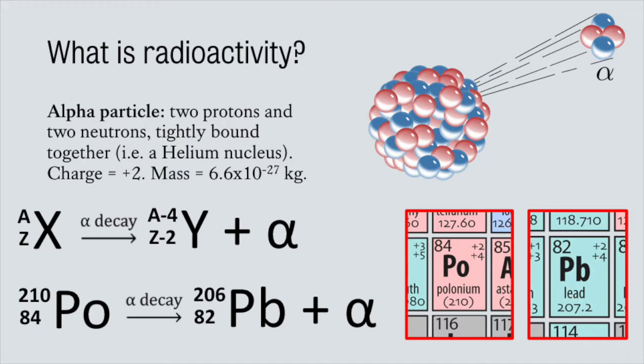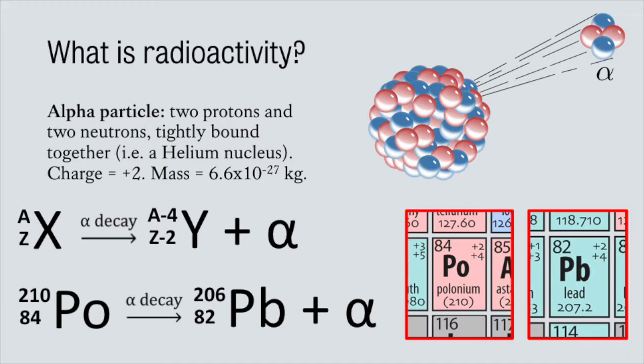Here we have polonium-210. This is the radionuclide that was used to poison Litvinenko again. It's a favorite example of mine, it seems. Initially this has 210 nucleons in its atomic nucleus, 84 of which are protons. After alpha decay, the 210 nucleons are reduced by 4 to 206, and the 84 protons are reduced by 2 to 82.